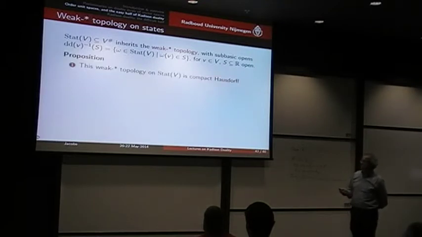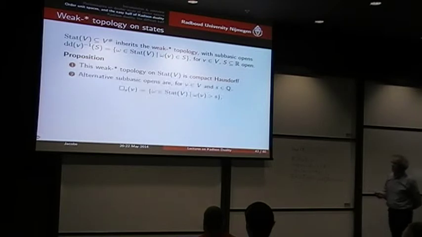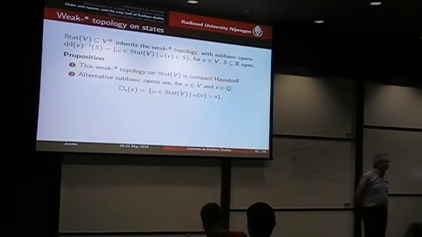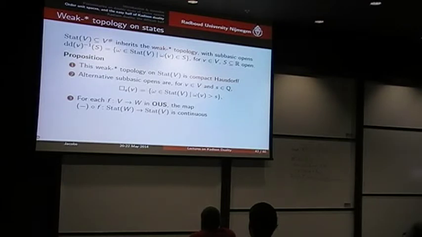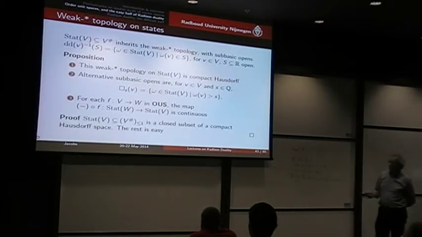A proposition says indeed this is compact Hausdorff, and an alternative basis for the topology can be described in this way, this box notation that you sometimes find in probabilistic logics. It can be used here in this setting as well. And also each map induces a function by precomposition in the other direction.